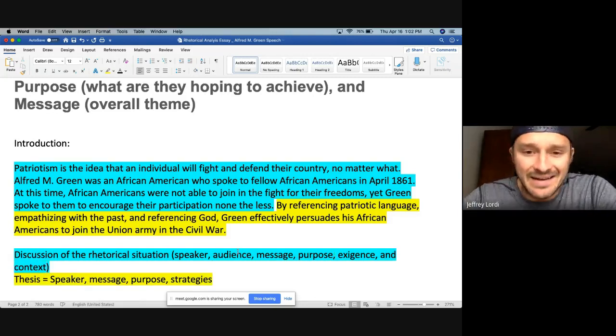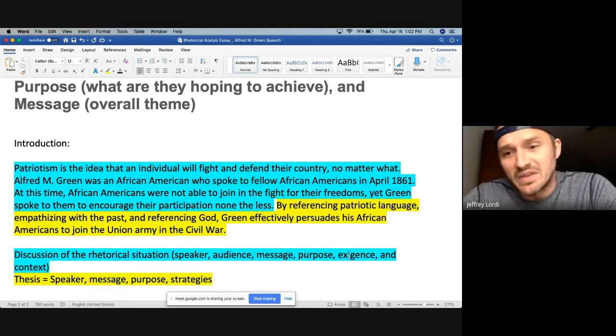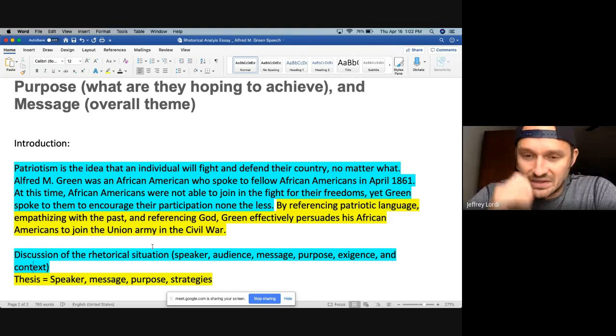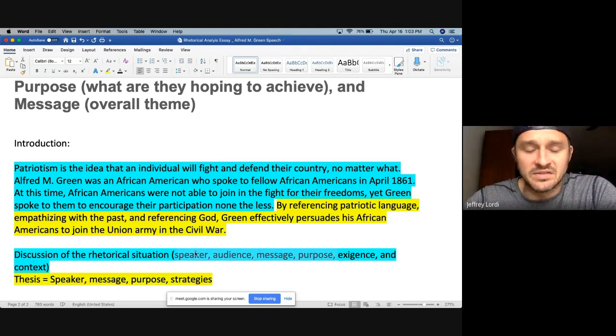Now, you might not get to all of these within the intro, and that's okay. It's definitely critical to discuss who the speaker is, what the audience is, the message, and the purpose. If you can get to some exigence and context, that's good. But these are the major things that we need to hit as much as we can.